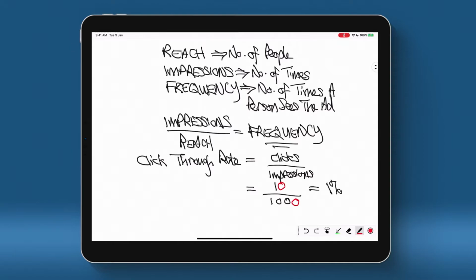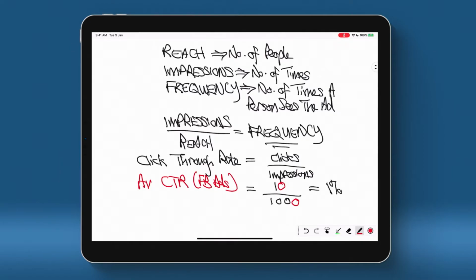Now, additionally, it is also good to know that the average CTR for Facebook ads is 1%.